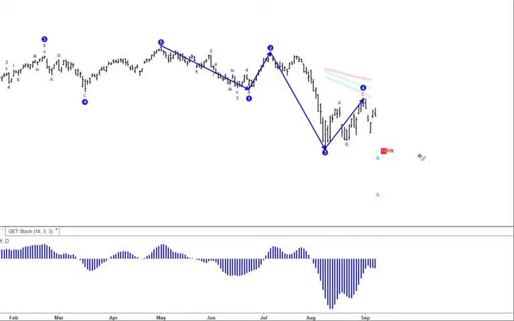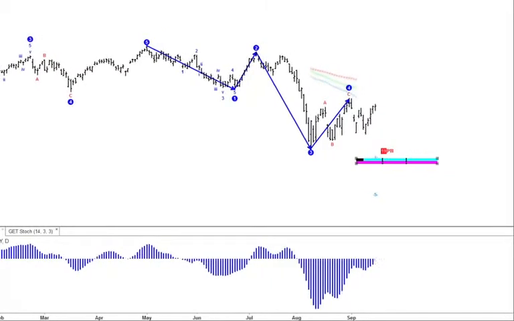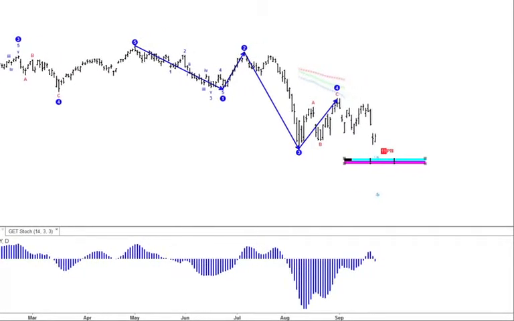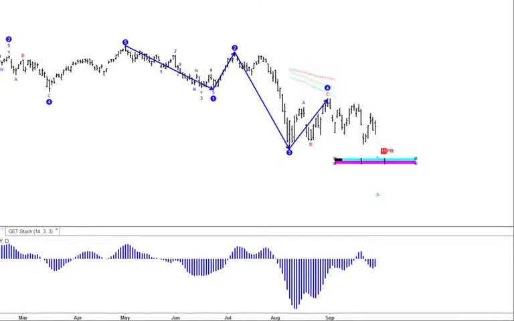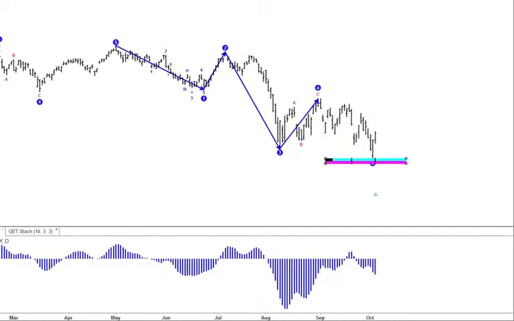To help us with that, we'll use the MOB to help identify a logical area of support. By drawing the MOB off of the low of wave 3, you can see that we now have a level of support right around $108. From here, as the price action continues to move forward, we have now come to rest on the MOB.